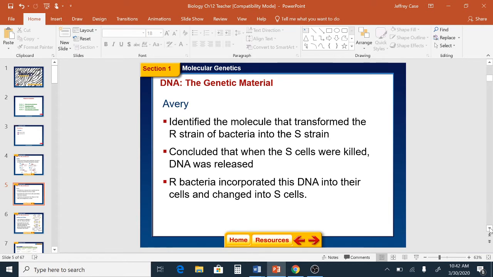Another scientist, Avery, identified the molecule that transformed the R strain of bacteria into the S strain. Concluded that when the S cells were killed, DNA was released. The R bacteria incorporated this DNA into their cells and changed into S cells.